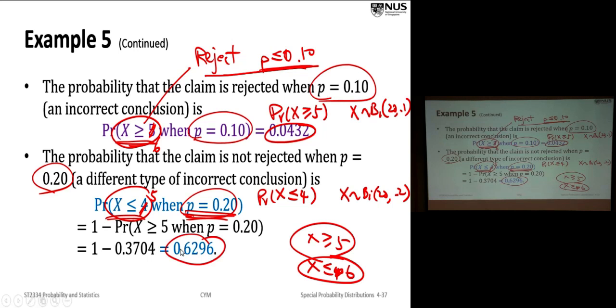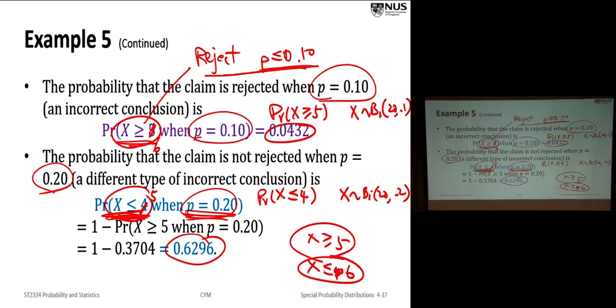So I will tell the technician, don't use this decision rule because this will be a disadvantage for me. If P is 0.2, the chance that you will see some X less than or equal to 4 is still quite big. And then by this outcome, you will not challenge the manufacturer's claim, which is P less than or equal to 0.1.